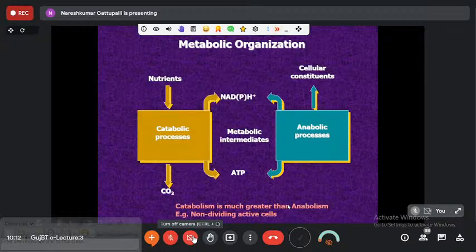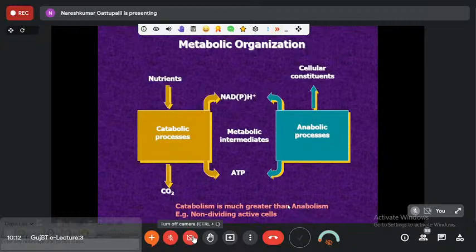When we talk about energy, we know that ATP, adenosine triphosphate, is the major one. And for the anabolic process, it is NADPH. That is how entire metabolism can be visualized in an overall perspective.